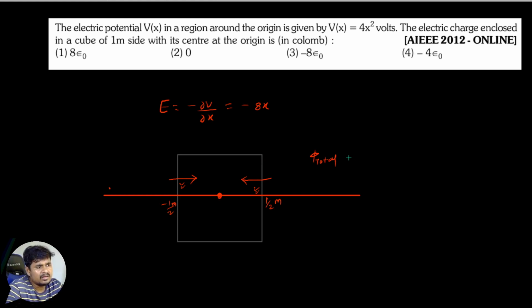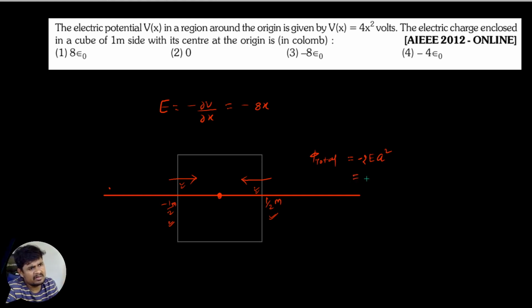So phi total will be written here as E into area, and exactly the same electric field we have here also. So E times area, where area is a squared, multiplied with 2, with a negative sign, because this face E a squared, this face E a squared. So minus 2E times a squared.